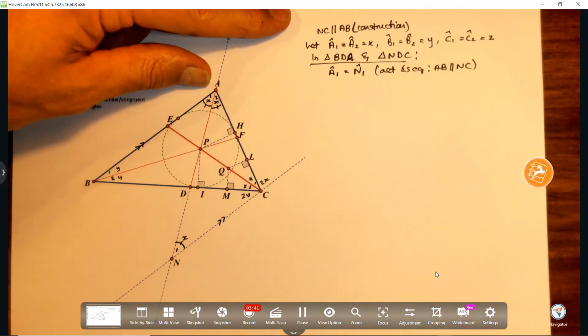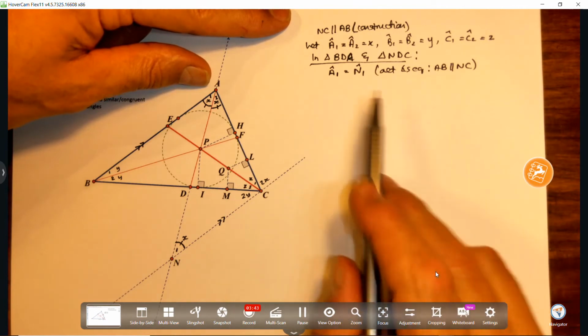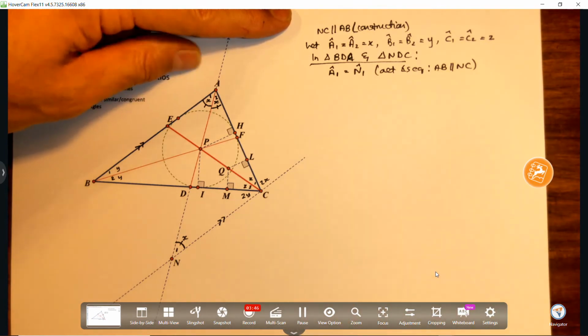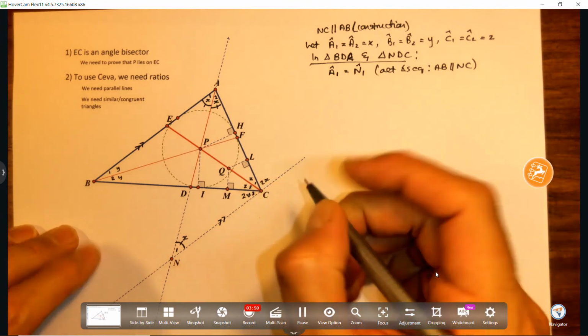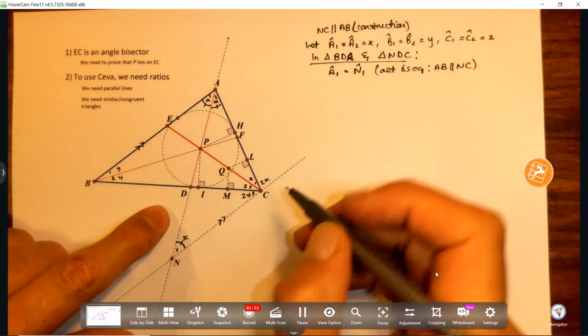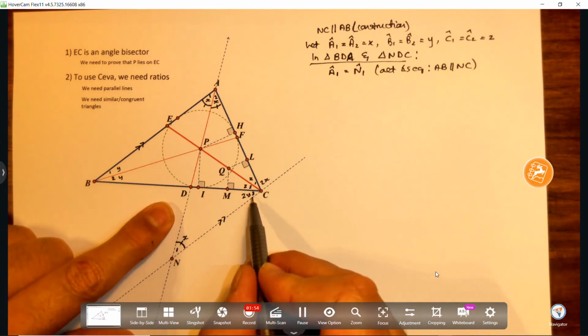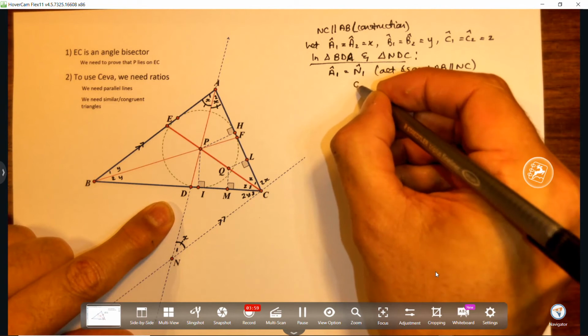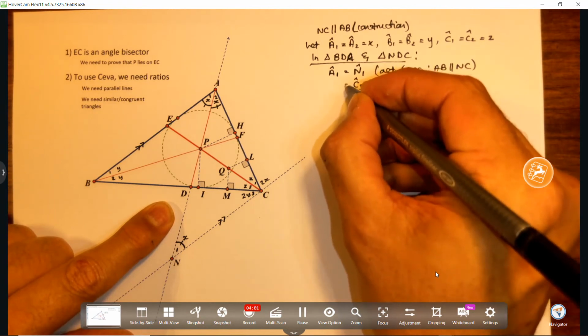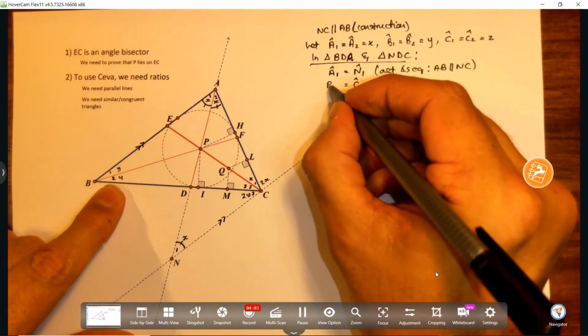Then we also have, what else can we say? We can say angle C3, the little angle here, which belongs in that triangle there, is equal to angle B1 and B2.